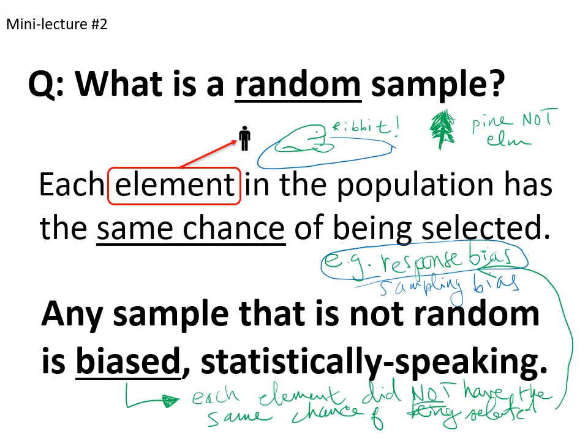It might be that younger frogs tend to hang out in shallower areas and older frogs might hang out in deeper areas. So what we might find is that frogs in the middle of the pond, because it's deeper, have a lower chance of being selected than frogs on the outside edge of the pond because they're easier to catch. Okay.